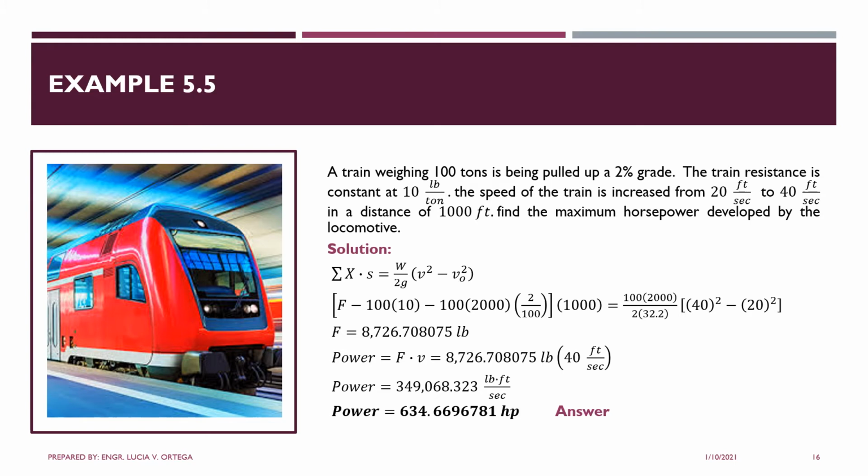So the power exerted by the locomotive is 349,068.323 foot-pounds per second. The required answer is in horsepower, so we divide this by 550 foot-pounds per second. So the power exerted by the locomotive is 634.67 horsepower, or approximately 635.